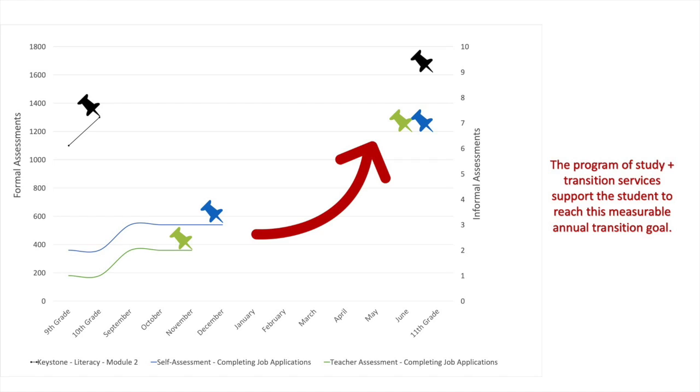In keeping with our goal, we should be visualizing multiple sources of informal and formal transition assessment data in a way that can facilitate students and families becoming informed team members while also ensuring that stakeholders have the maximum amount of information possible so that they can make sound recommendations for programs of study and related transition services that are going to help the students achieve success towards these programs of studies and their post-secondary goals.